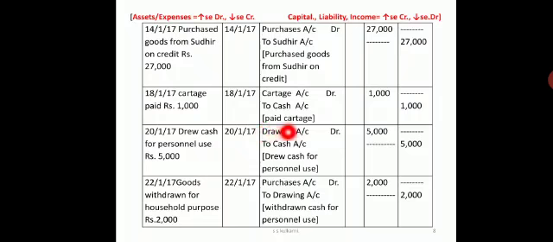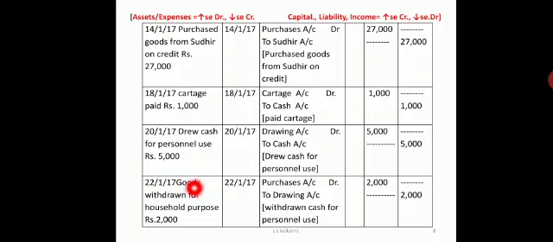So when capital account is reduced, it is to be debited. The rule is decrease in capital is debited. So drawings account is 5,000 debited and cash also is reduced, which is an asset. So reduction in cash is credit. So I will take it on the credit side, 5,000. Narration, drew cash for personal use.